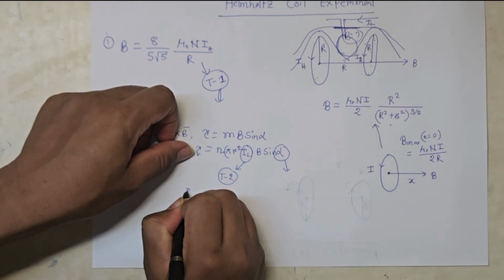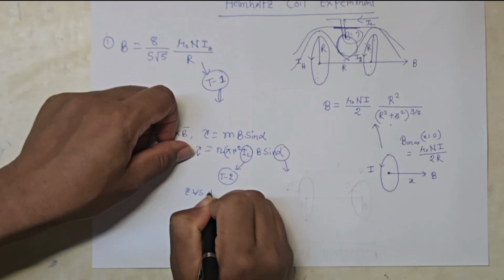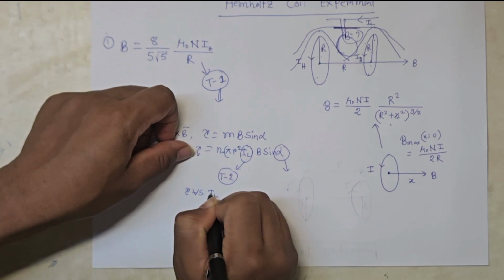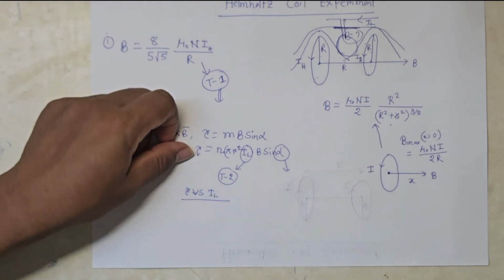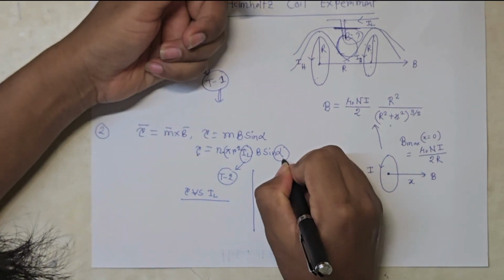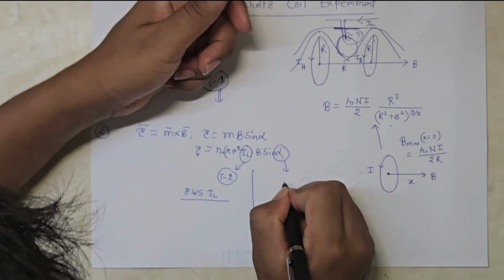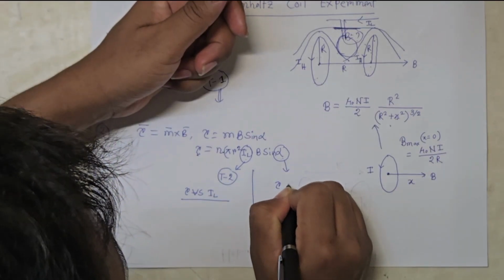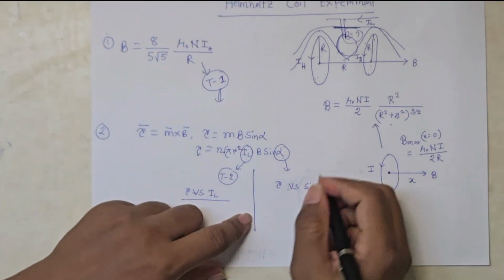So in table 2 we take torque versus I_L. We vary I_L and check how the torque changes. In table 3 we will change alpha and check how the torque changes, so we take torque versus sine alpha. We will see this variation.